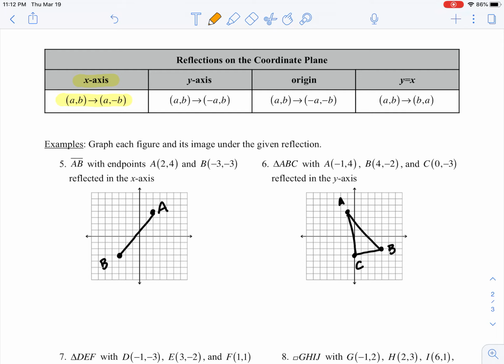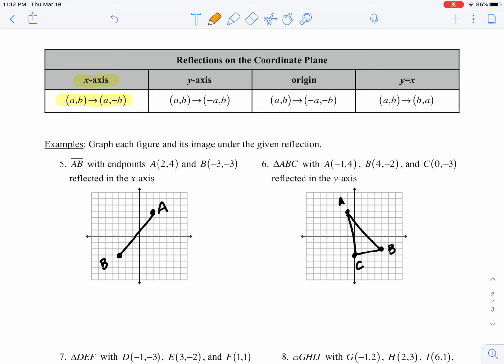For something like question number 5, we're going to reflect line segment AB over the x-axis. So I've drawn the original pre-image. And for this type of question, I like to use the rule to create the coordinates of the image before I graph it.